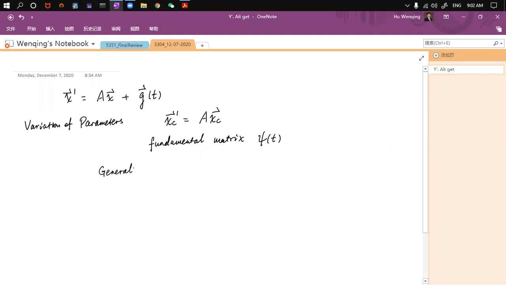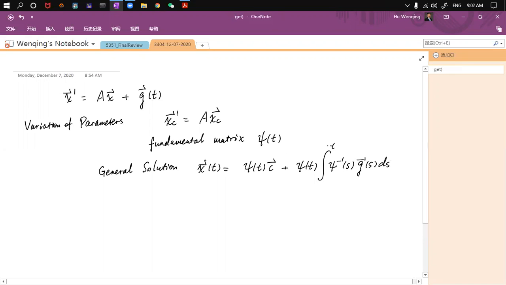And then the general solution is going to look like x of t is equal to psi of t multiplied by c, right? That's the solution for the corresponding linear system. Sorry, the non-homogeneous part is going to give you psi of t times the integral of psi inverse of s multiplied by g of s, with the integration up to t.